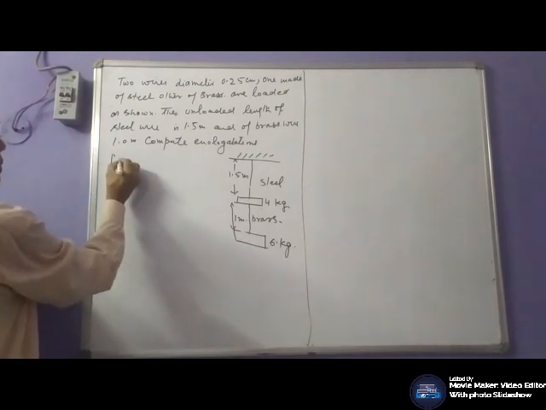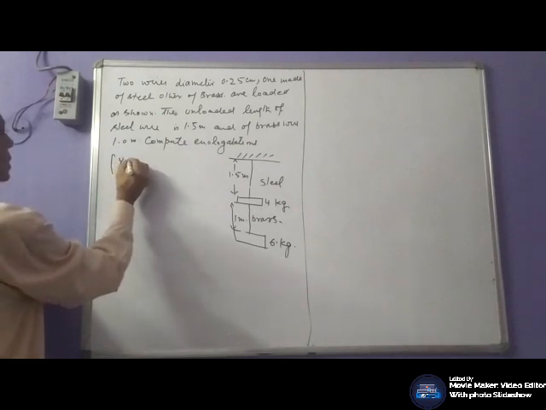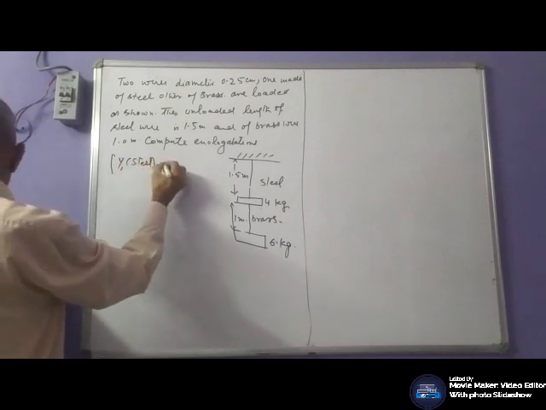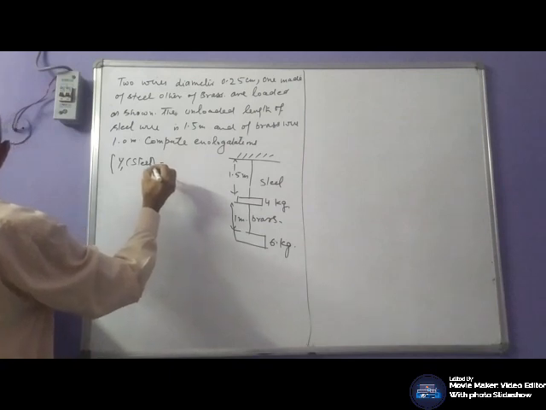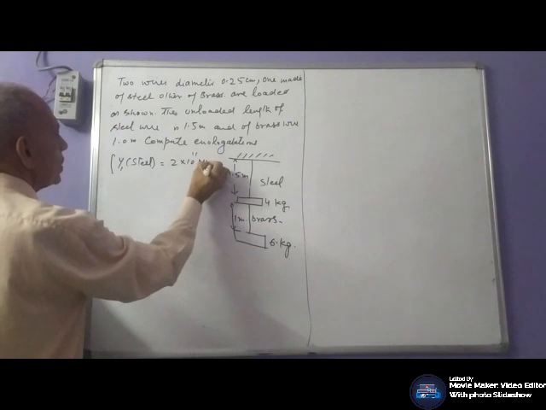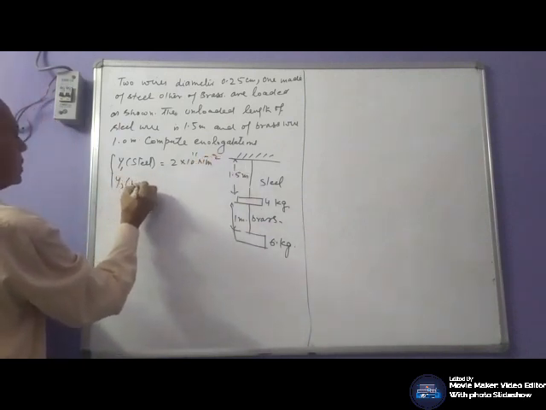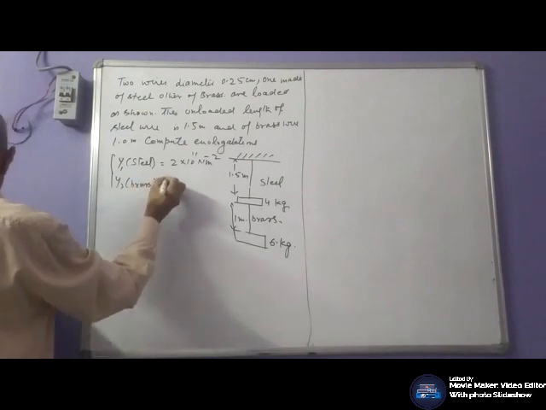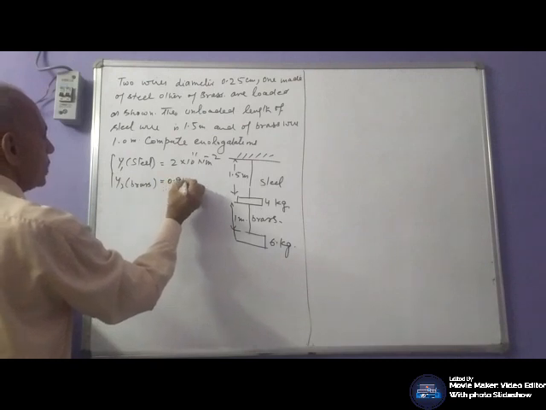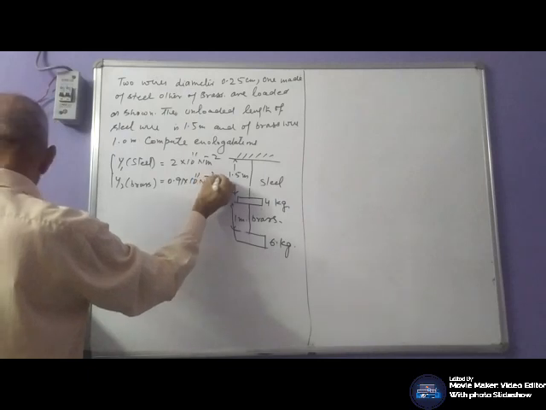Given Y1 for steel is 210 × 10^11 Newton per meter square, Y2 for brass is 0.91 × 10^11 Newton per meter square.